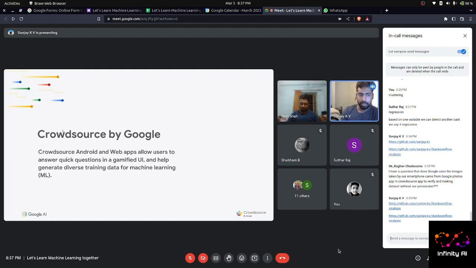It's up to you whether to use the app or not, but definitely you are giving access to those photos. If you are really concerned about privacy, we all know there is nothing called privacy. It's a myth. For any app you use, you can see what services they are using on your phone.